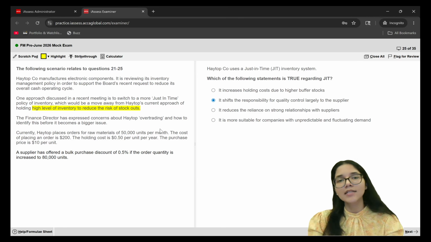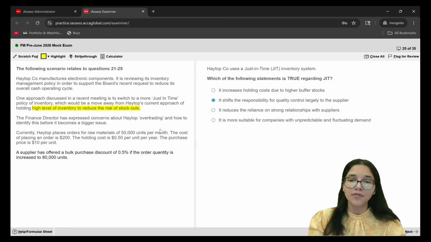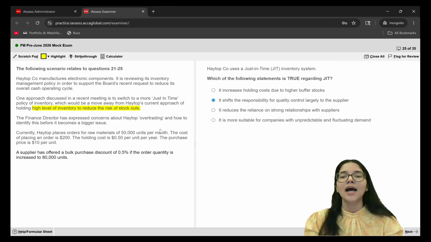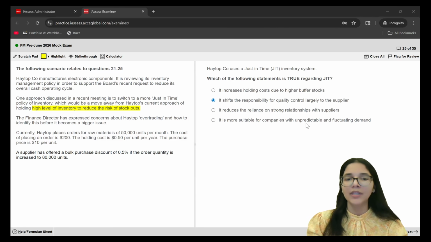Let's have a look at the other statements also, why they are incorrect. Third statement says it reduces the reliance on strong relationship with suppliers. It's actually the opposite of that. If you want to operate JIT, you should have very strong relationships with your suppliers. Another is it is more suitable for companies with unpredictable and fluctuating demand. This is absolutely not, guys. If you have the JIT at your company, you are keeping way too little inventory.